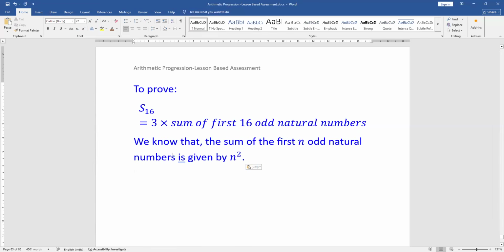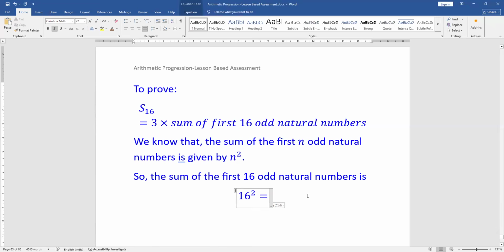So the sum of the first 16 odd natural numbers is given as 16 square. What is 16 square? It is 256, right? Okay, 256.